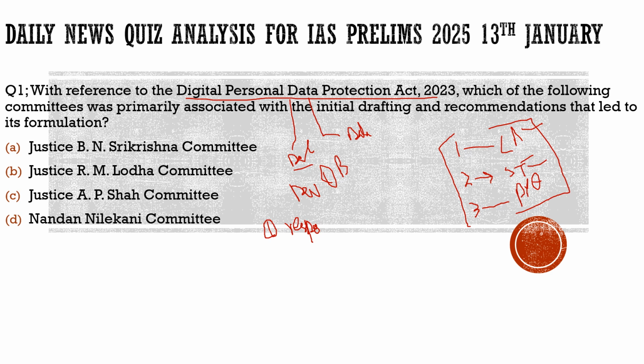Then the second important thing which caught my eye was the protection of children. These draft rules talk about how, if anybody is below 18, they can open accounts and how their data can be demanded.